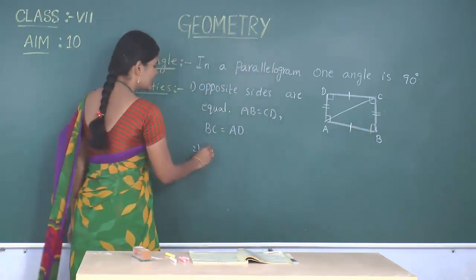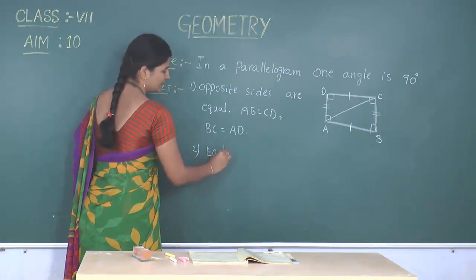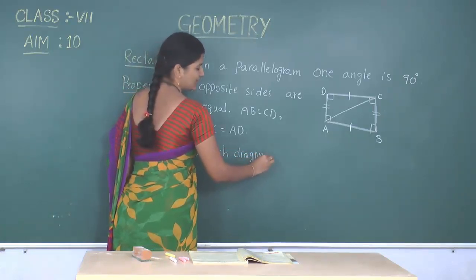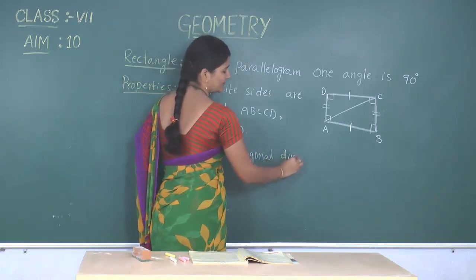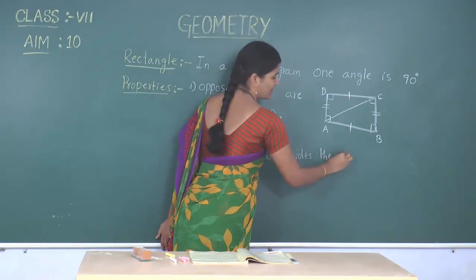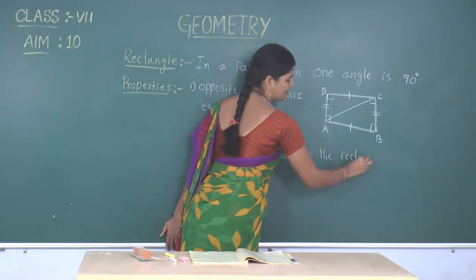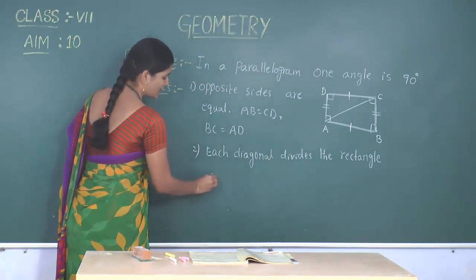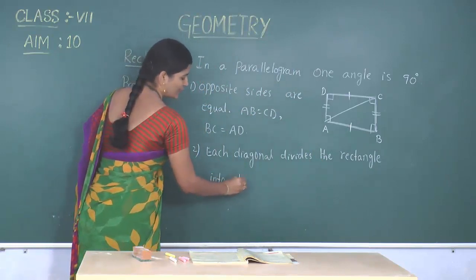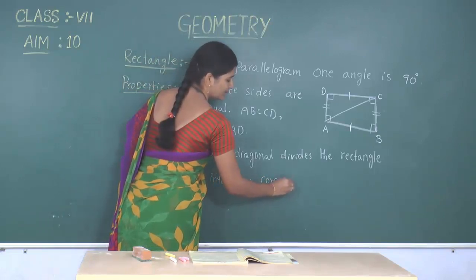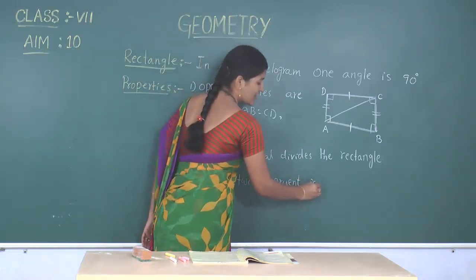So each diagonal divides the rectangle into 2 congruent right triangles.